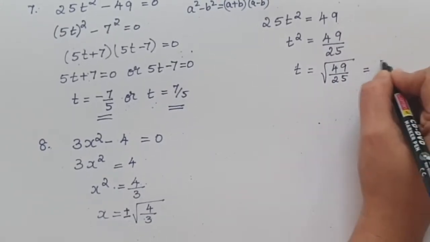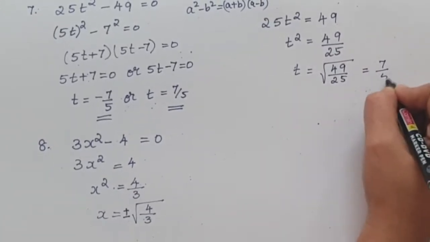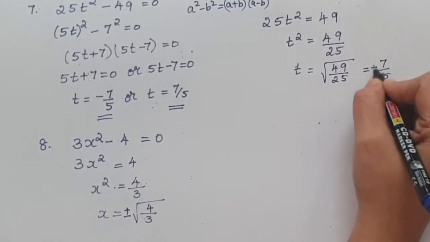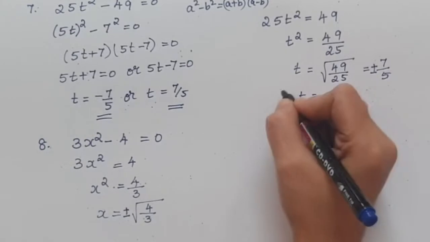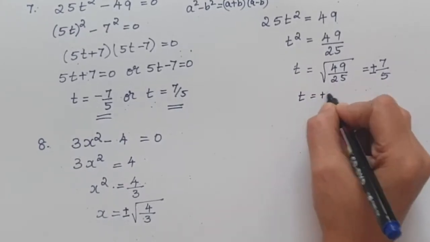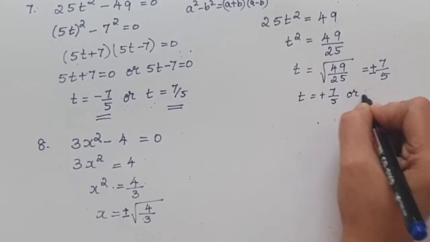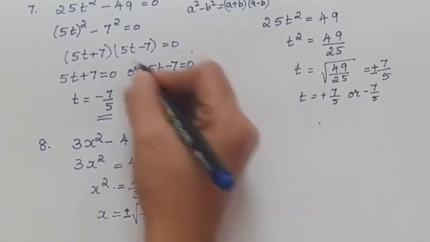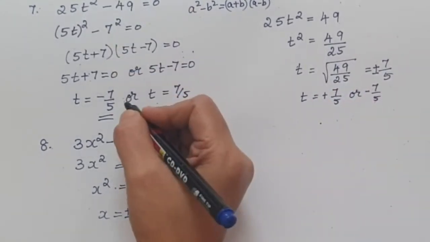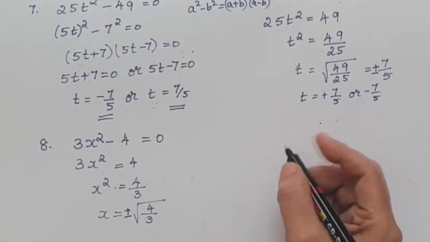Square root of 49 is 7 and square root of 25 is 5. But when we take a square root, I told you we need to write a plus or minus. So the value for t is plus 7 over 5 or minus 7 over 5. See the same thing, we have got it over here. So you do like this or using the formula, both the methods are correct.